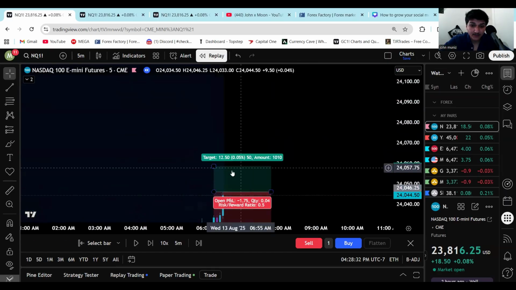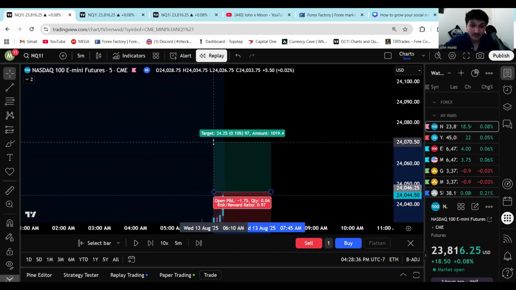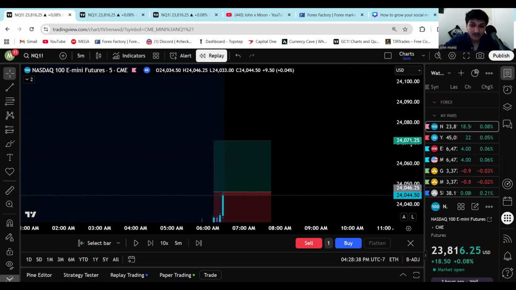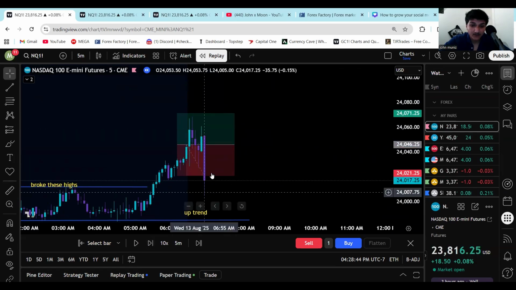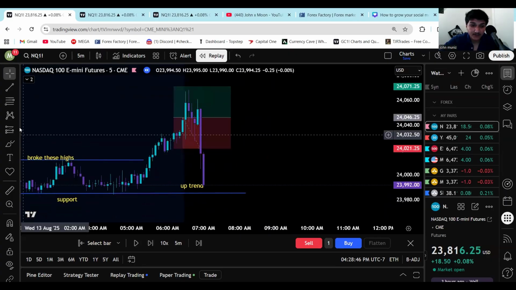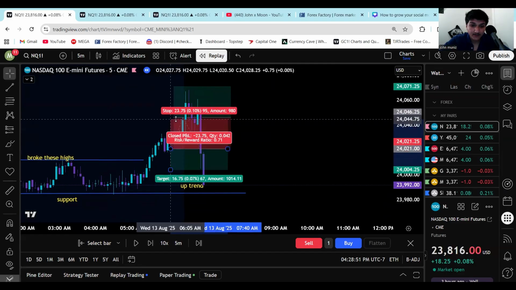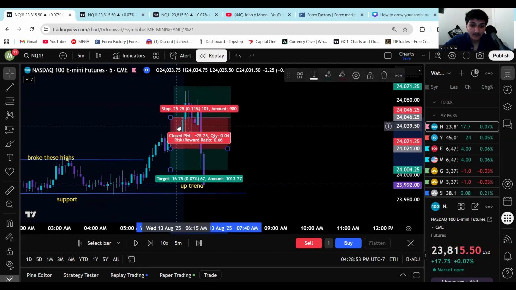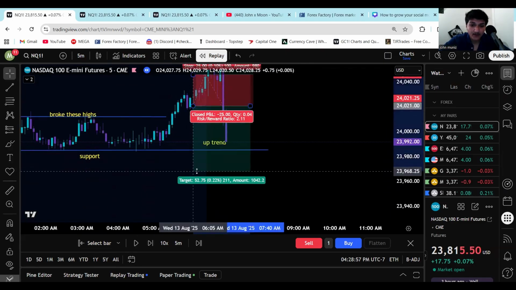Pretty sure this is the loss I took last week, where it just consolidated. But we can see if the market gave you an entry. Yeah, it gave you an entry here. I'm pretty sure I got in here, and then we have our 25-point entry.